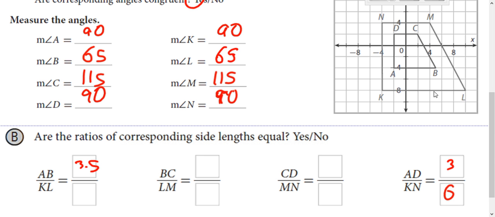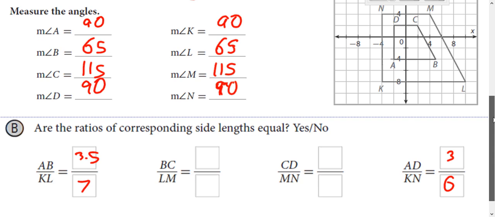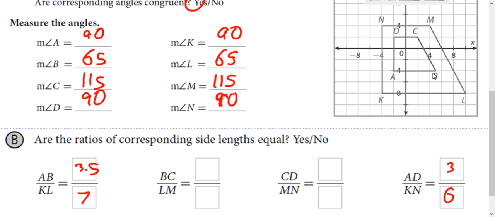KL, 7. For the other side, you could do distance formula if you want to. That'd be a good way to go about it. So BC, kind of tough with the fraction there. It's 1.5 if you turn that into a triangle. That's 1.5. That's 3.